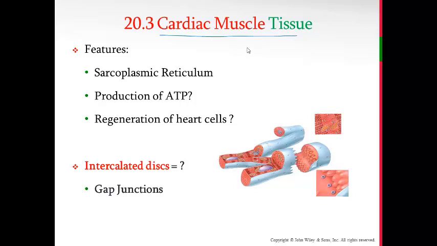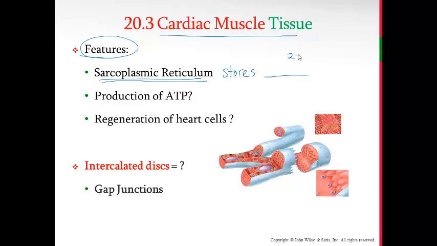So let's take a look at these tissues and some of their special features. Do you remember the sarcoplasmic reticulum? Right, this is very similar to your rough endoplasmic reticulum, a tubule system in the muscle cells. Same in your cardiac muscle cell. This is a place where they're going to store something very important.